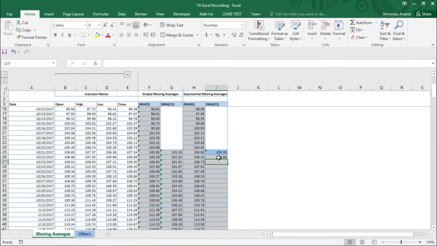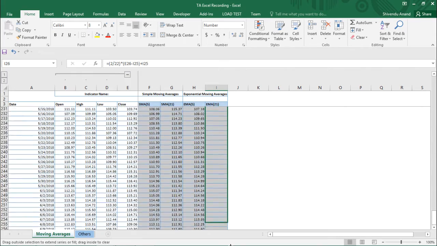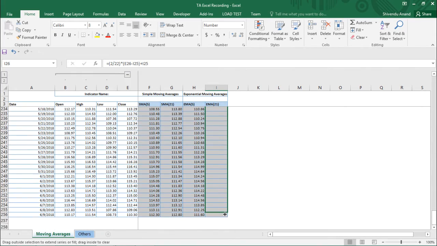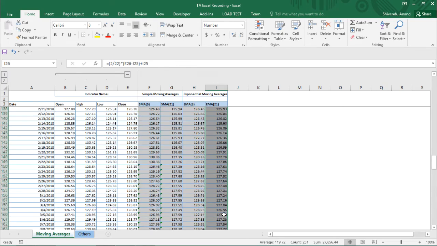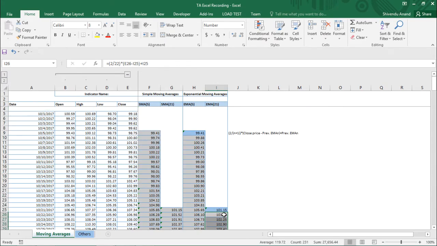So this is your EMA for 22nd day. We use drag and drop function for the entire data, and here we get the EMA calculation for this entire duration.